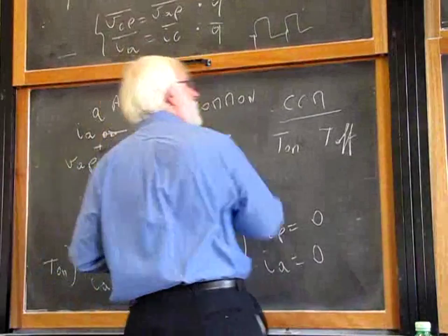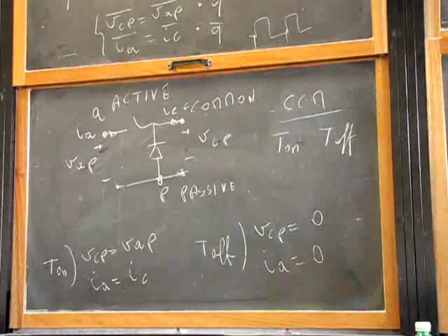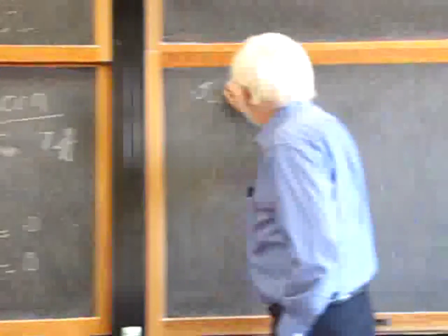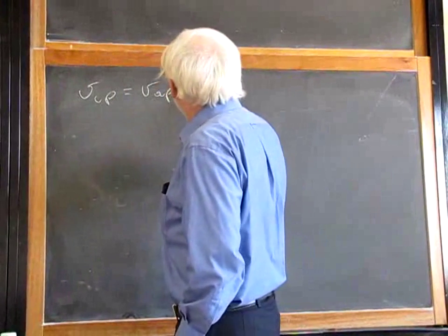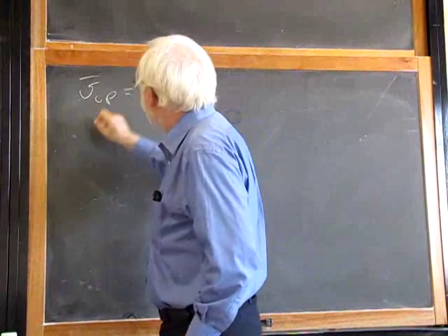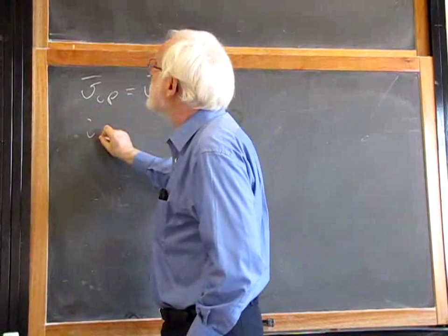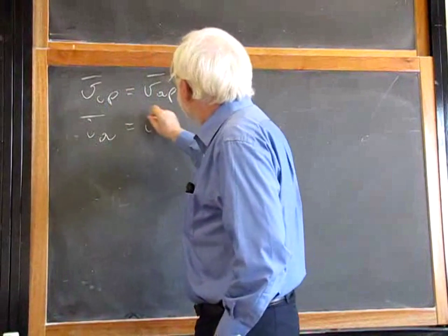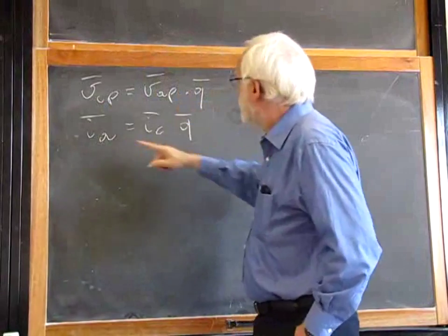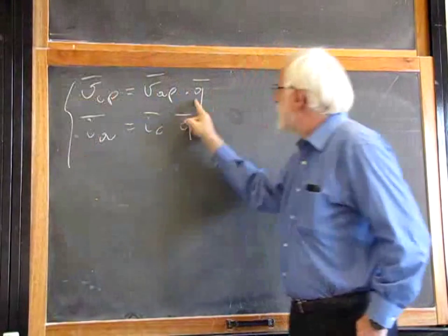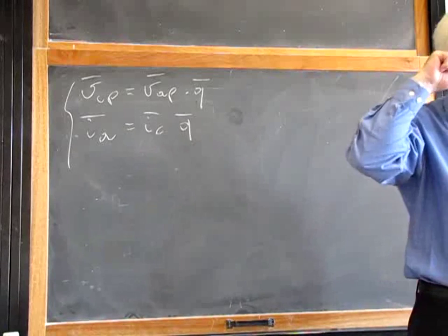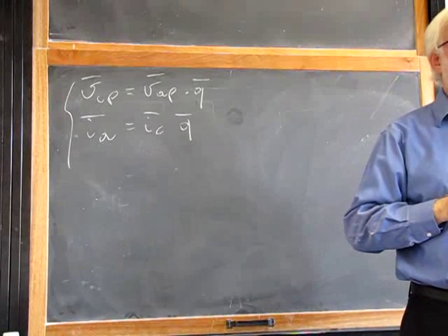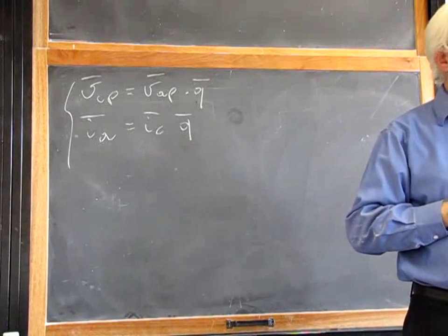So, we can go over here. We have, just rewriting the same equation, the average of VAP times Q(t), IA, equals IC times Q, average. What is the average of Q? D, duty cycle.